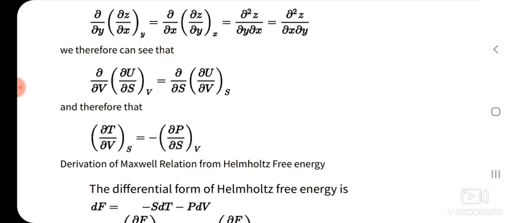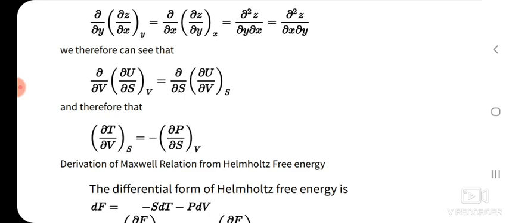So we can see that dou by dou V of dou U by dou S at constant volume is equal to dou by dou S of dou U by dou V at constant entropy.